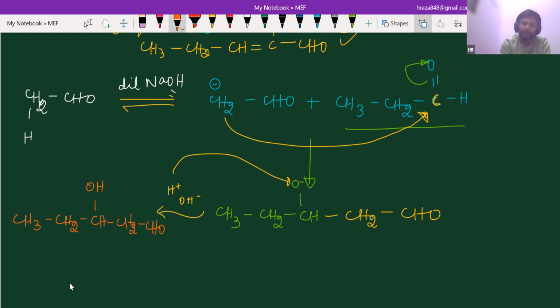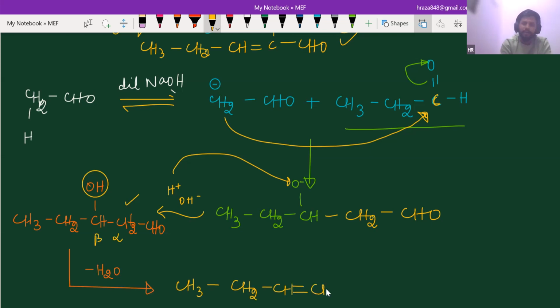If you want to do condensation, according to the question, you are going to eliminate water. From where? This is your alpha carbon, this is your beta carbon. So one alpha hydrogen from here, and OH from here. So what you will get after this part is CH3, CH2, CH double bond CH and then CH. Got it? This is the third product.